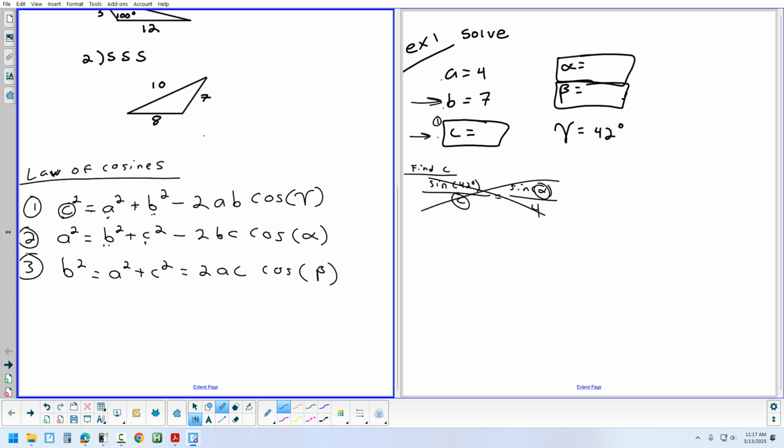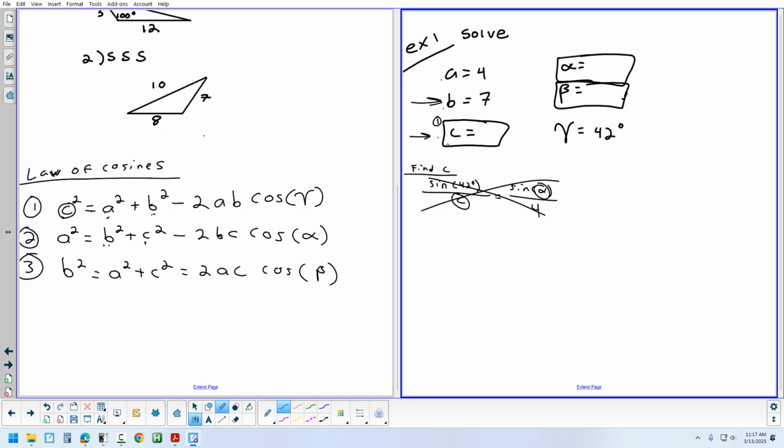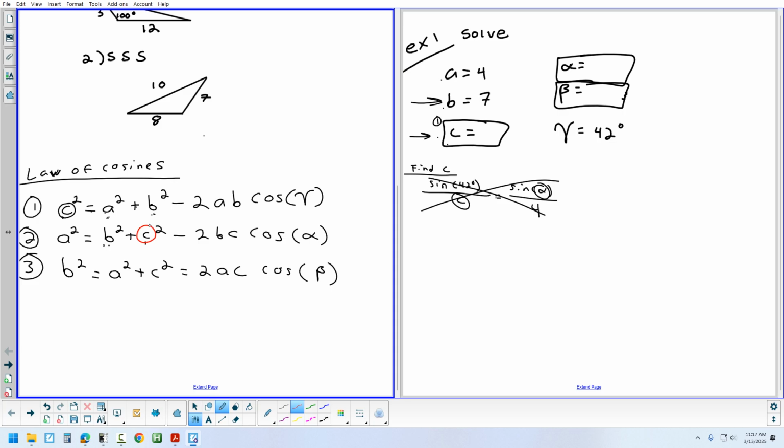Version 1. Yeah, you have to use version 1 because you're missing C. That means you're already missing something in every formula. C appears more than once, but it appears in every formula. If you're missing C, you can't be missing anything else. So let's try version 1 and see what happens.